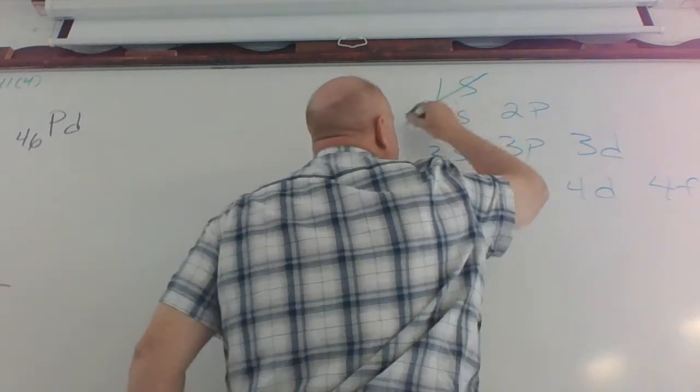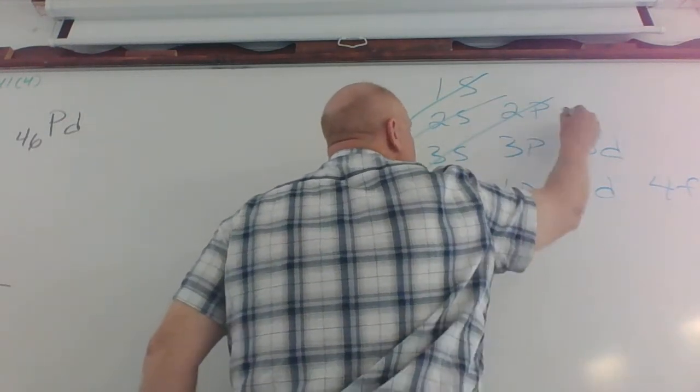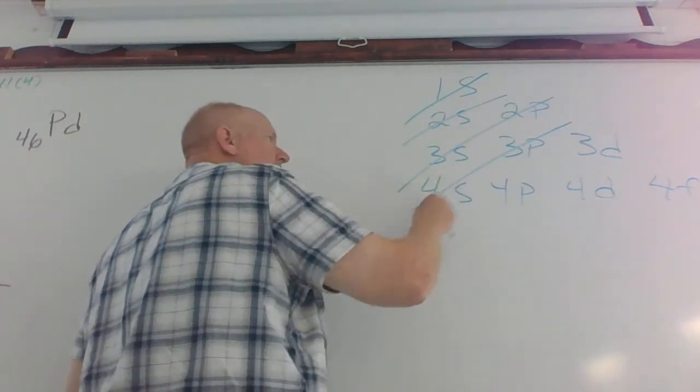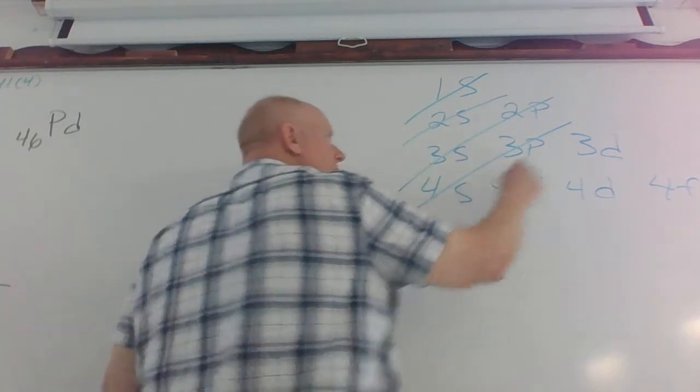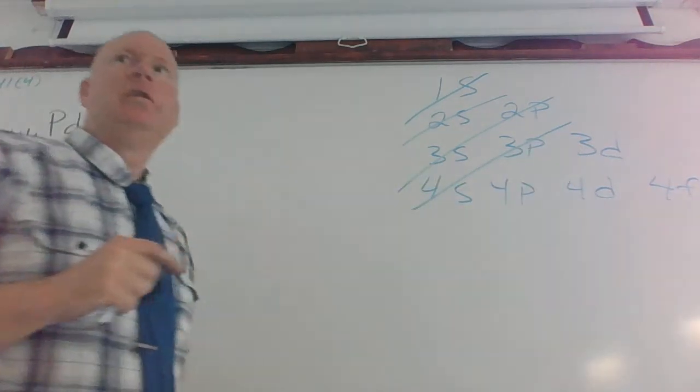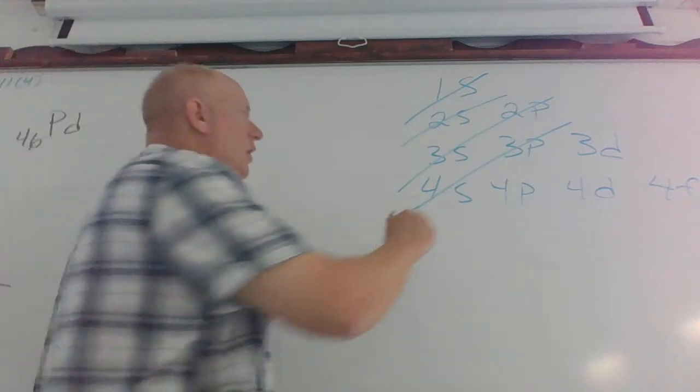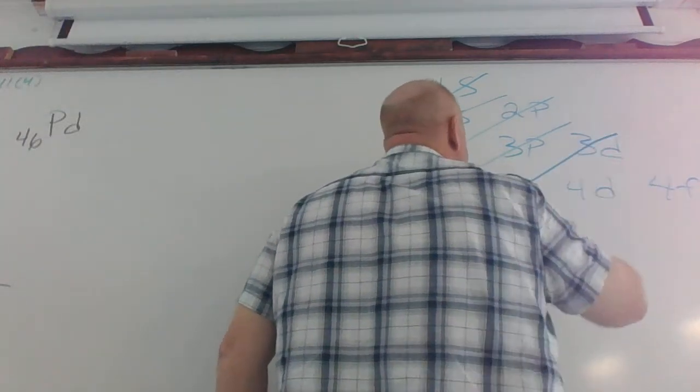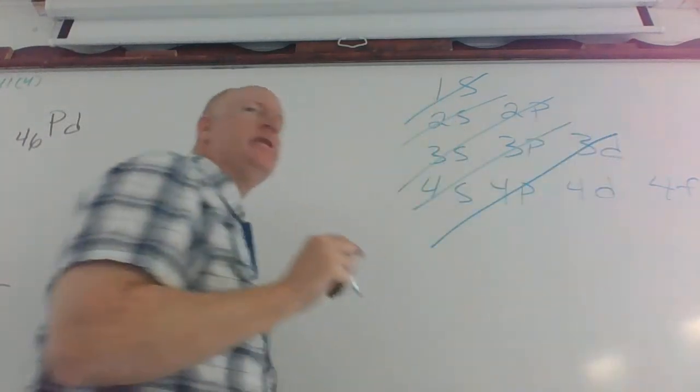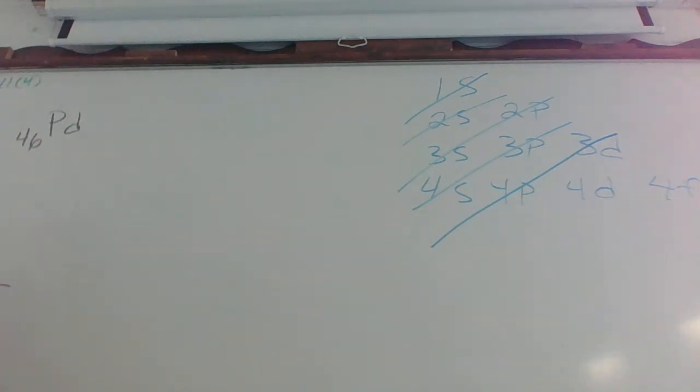So when these lines are going like this, which one's coming first? The fourth or the third? The fourth one's coming first, so that palladium, the last electrons actually are on the third energy level. Your slide rule tells you that.